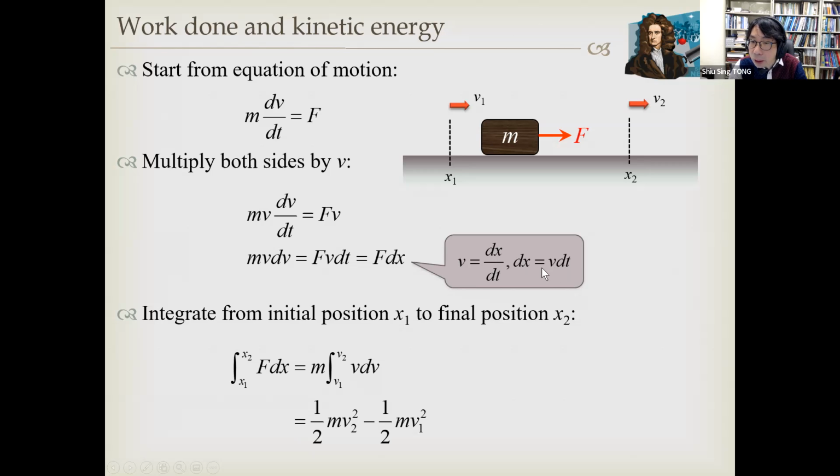Now this is nothing but the usual relationship between the displacement and the time taken. If the time interval is sufficiently short, then the velocity doesn't change much, right? The velocity essentially is a constant in a very small time interval. So you multiply that time interval with the velocity at that instant, and that will give you a small displacement in that time interval. That is the physics behind it, right?